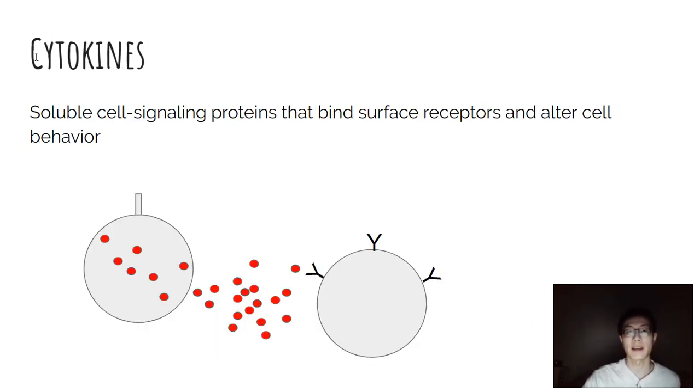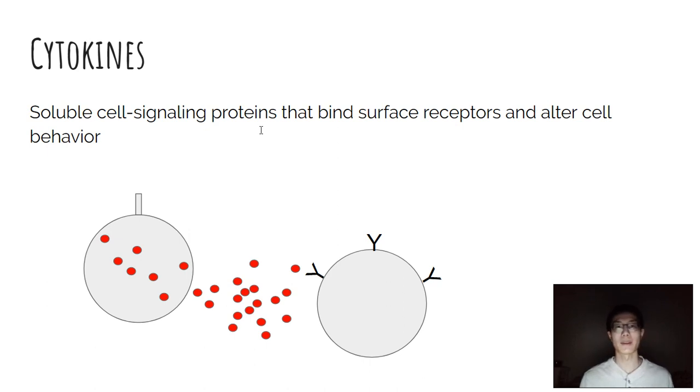There are many different types of cytokines, and these are soluble cell signaling proteins that are released from one cell to the surroundings, and they bind surface receptors and ultimately alter other cells' behaviors. The cytokines are in a way kind of like hormones, but not completely like hormones, and there's a big debate as to whether these are truly hormones or not.